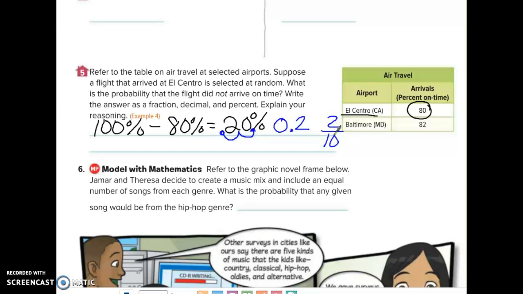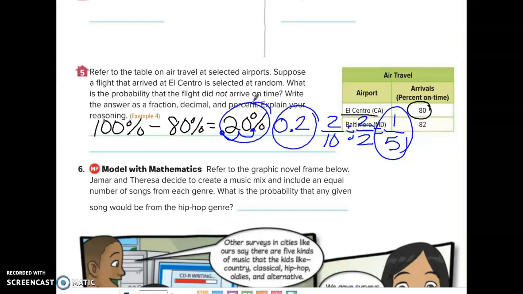This can be reduced by 2 on top and bottom. 2 divided by 2 is 1. 10 divided by 2 is 5. So my fraction is 1/5, my decimal is 0.2, and my percent is 20%. Okay, it said to explain your reasoning. So since 80% of the flights arrive on time, that means that 20% don't arrive on time. That's our explanation.